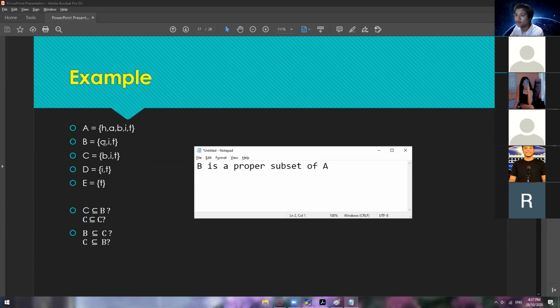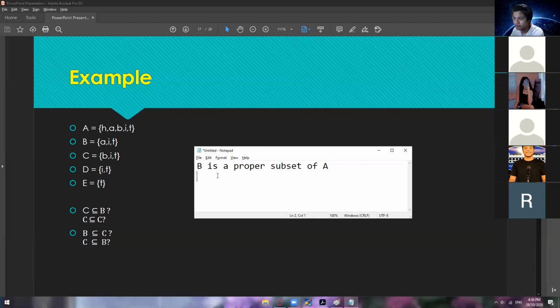Because yes, we can find the elements of B in set A, but there is at least one element that is not in B, which is the letter H and then the letter B. So in here we have two. Our condition is there should be at least one that is not in the subset or proper subset.